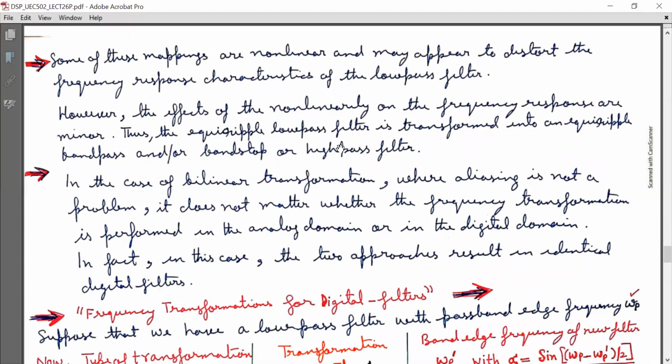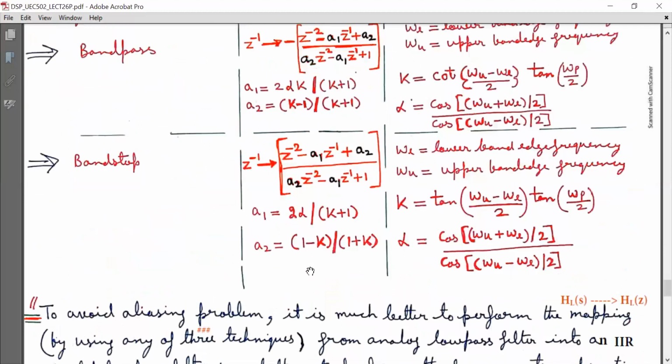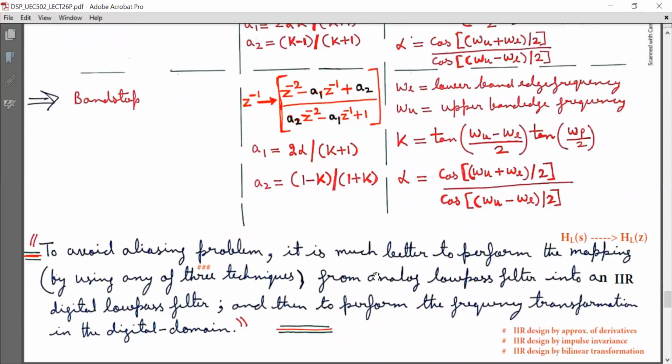That is, if you want to transform the analog low pass filter into other types of filter first, then for designing the IIR digital filter, you can use bilinear transformation only. But if you want to use frequency transformation for digital filters, then you can first transform analog low pass filter to an IIR digital low pass filter by any of these three techniques, and then perform the frequency transformation in digital domain, and that is a better option.